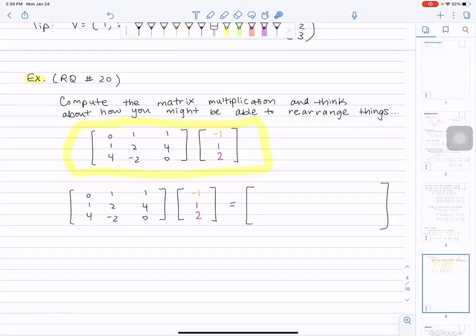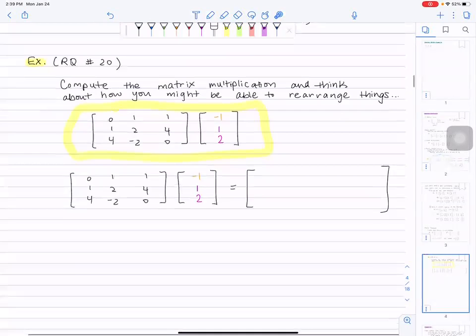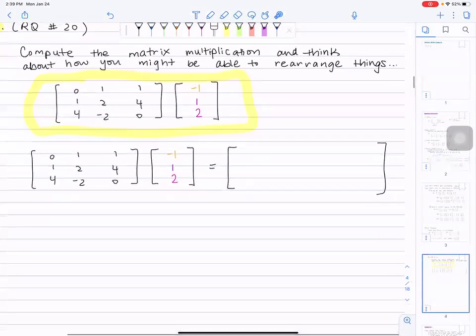And I'll give you guys a sec to think about it. How do you think we can rearrange it in a way that's easy for us to solve? And you can feel free to raise your hand or shout. Usually if you were to multiply this matrix times this, you actually multiply it out, add each thing.